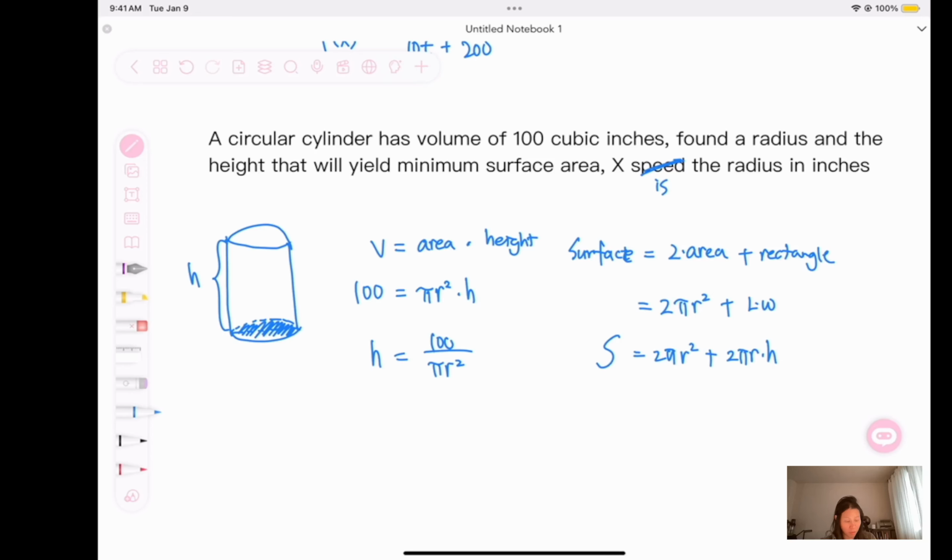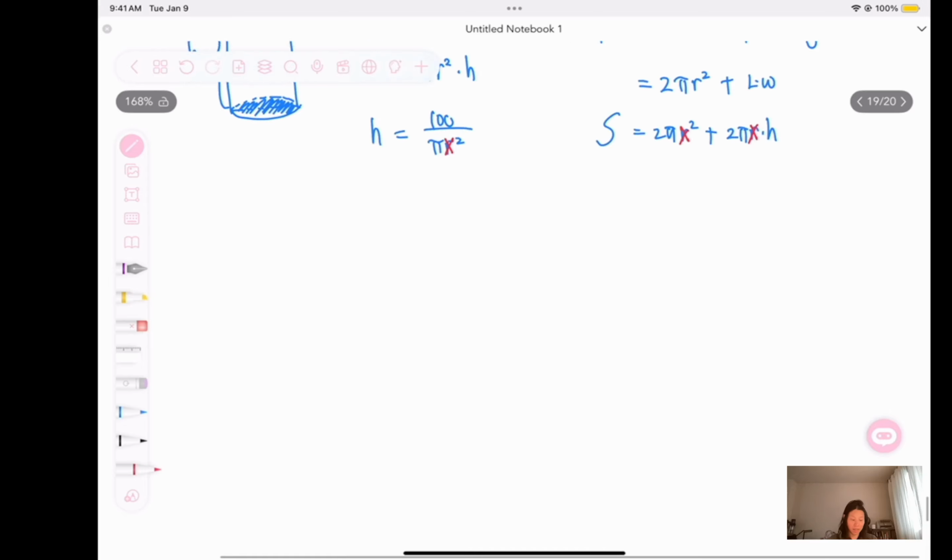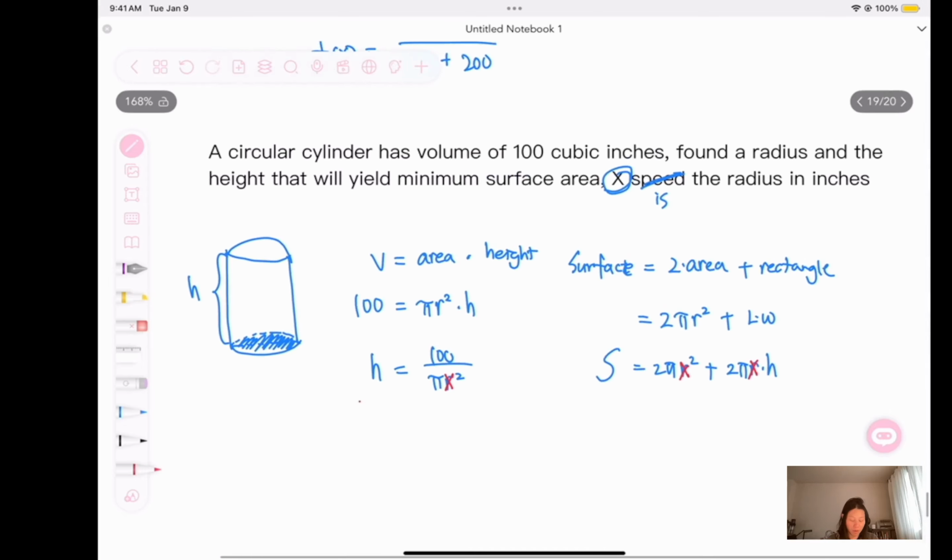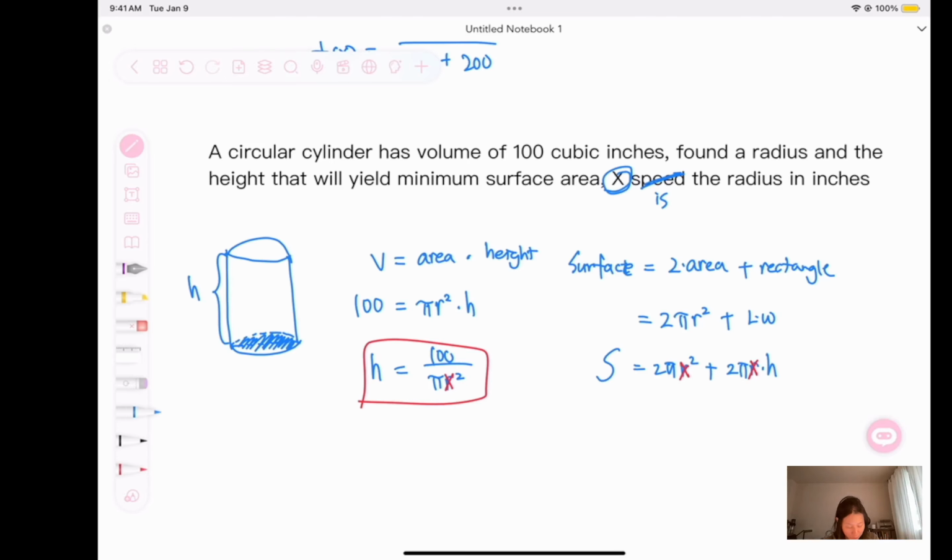And then we need to use x to represent the radius, so I change all the r to x. Now we have two variables, x and h. However, from the first step, we found that h is equal to 100 over pi r squared. So now we can substitute that into the function.